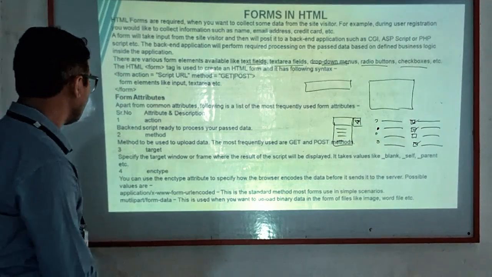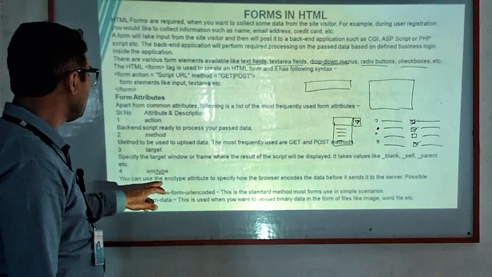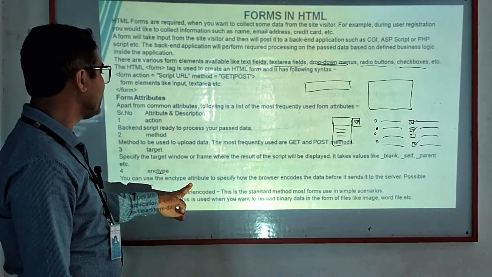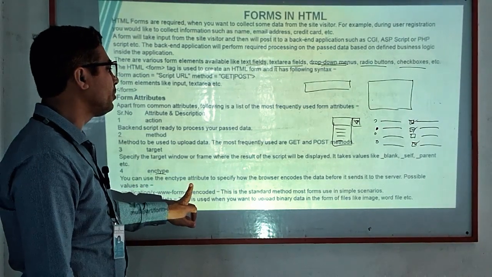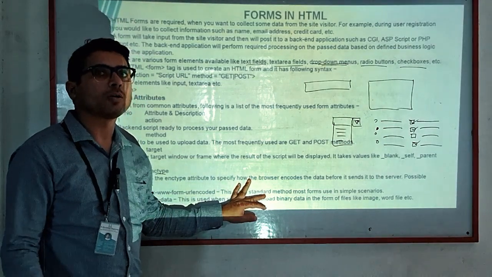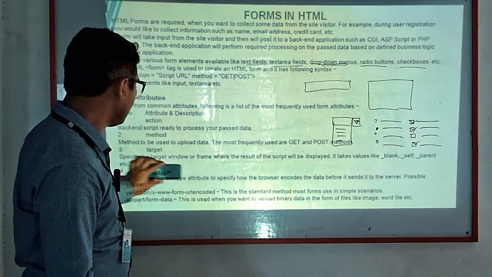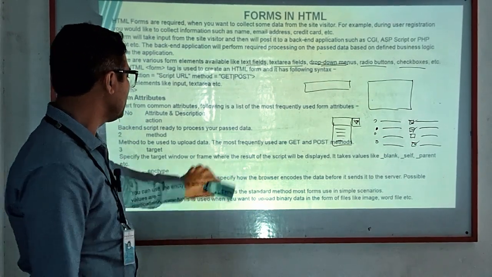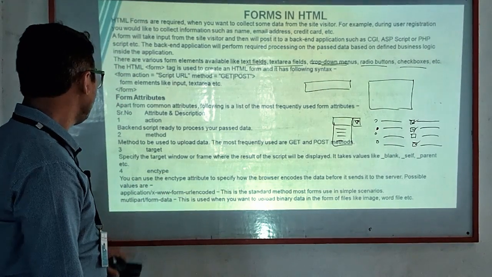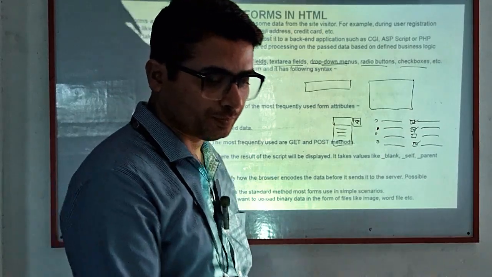That is what target is for. And enctype, the encrypt type attribute, you can use to specify how the browser encodes the data before it is sent to the server. This is again used for higher level programming languages when we implement this, but before that we will understand more about forms.